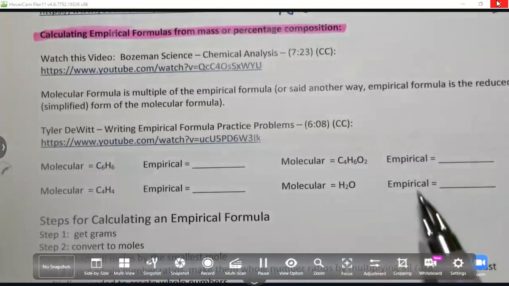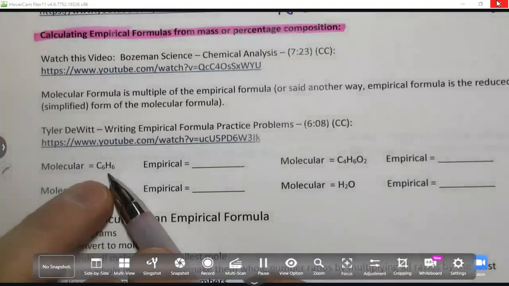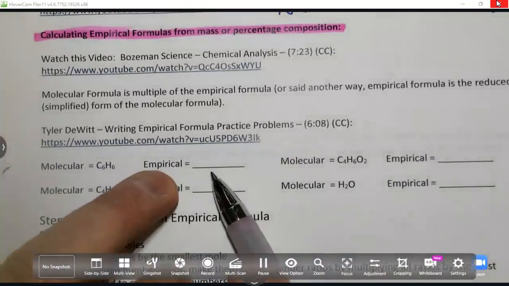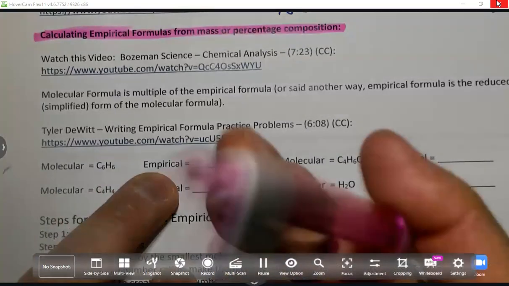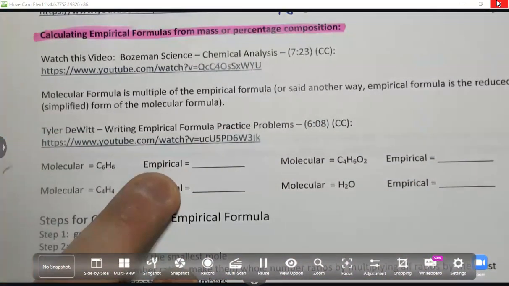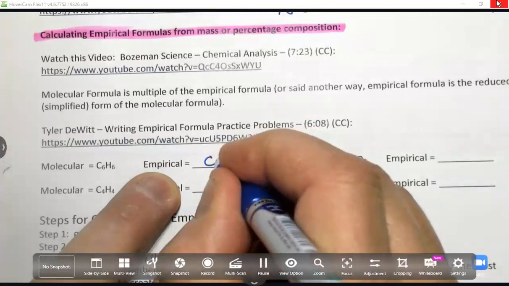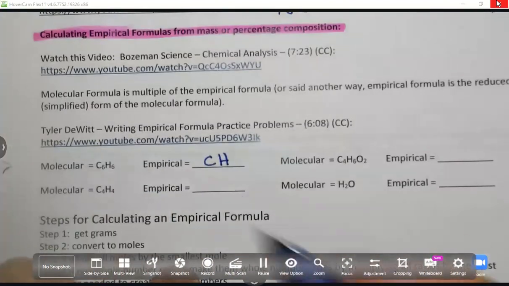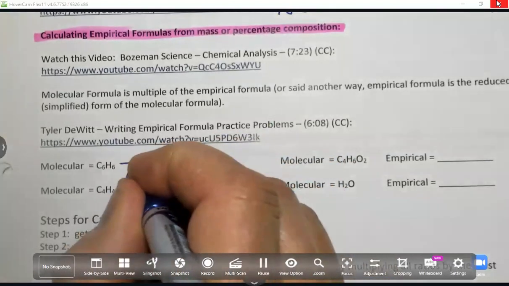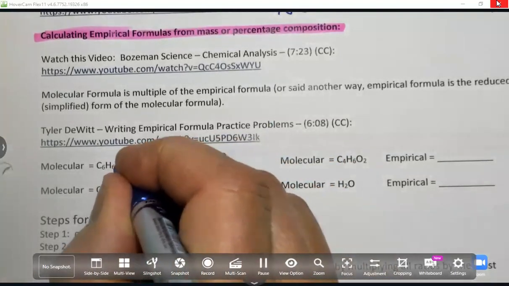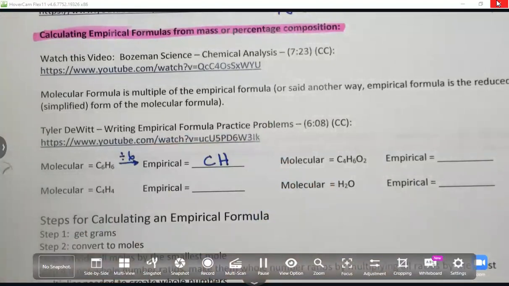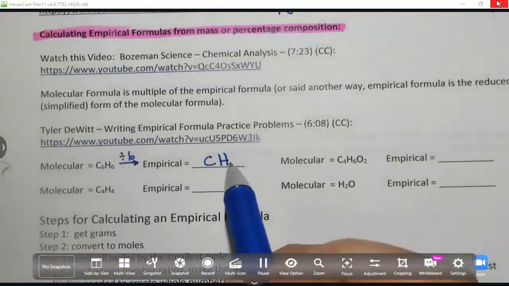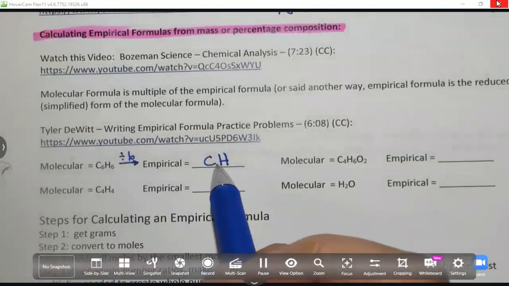If my molecular formula is C6H6, I would simplify that to get my empirical formula of CH. What am I doing? I'm really dividing both by 6. And CH is 1, 1.